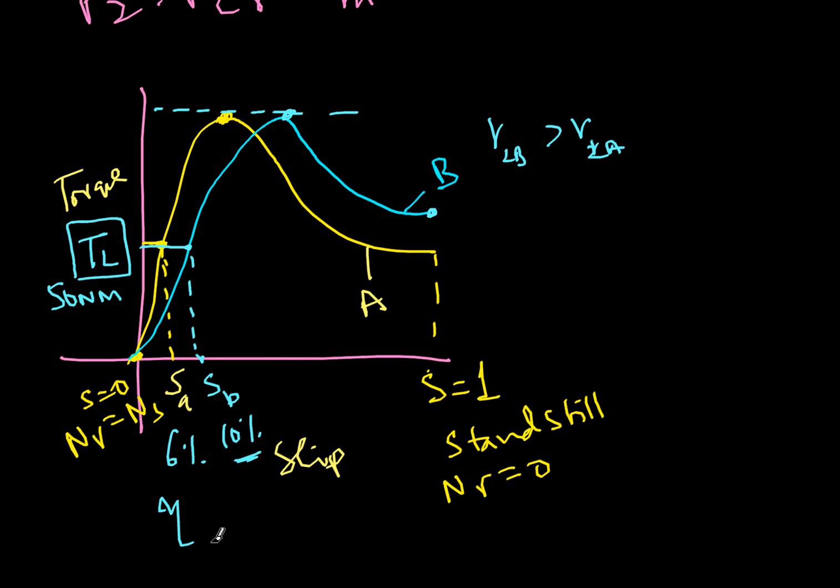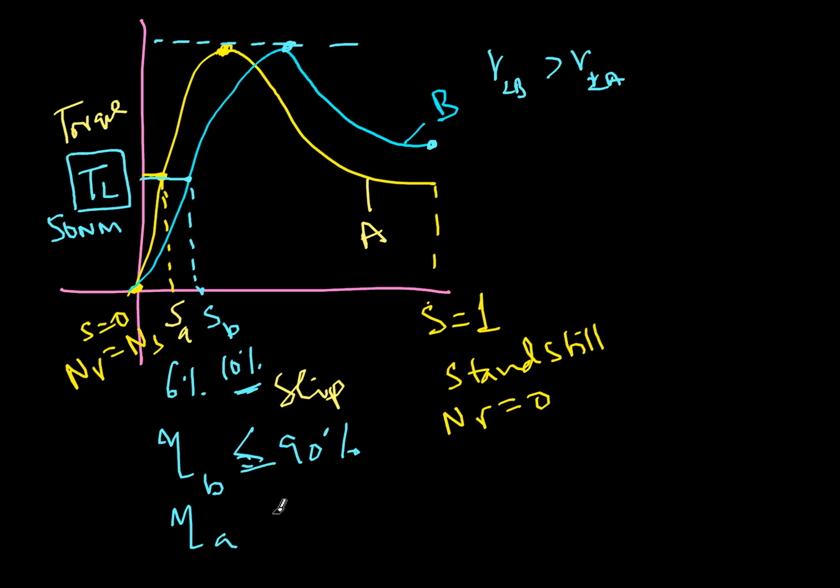So the efficiency of machine B will be less than 90%, because 10% is anyway lost in the rotor. There will be more losses in the stator and the mechanical losses in the shaft. Whereas if I go for the first machine, the efficiency will be less than or equal to 94%, because 6% is anyway lost in the slip. So this is how you should interpret the slip.